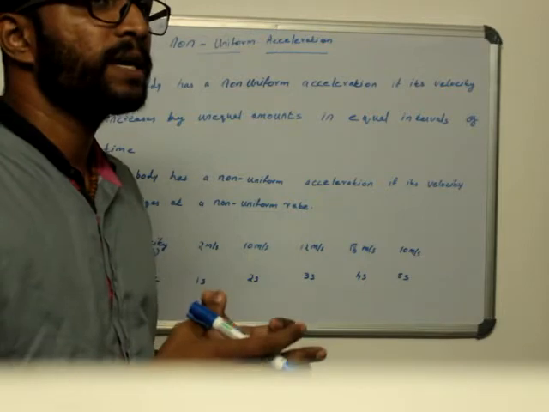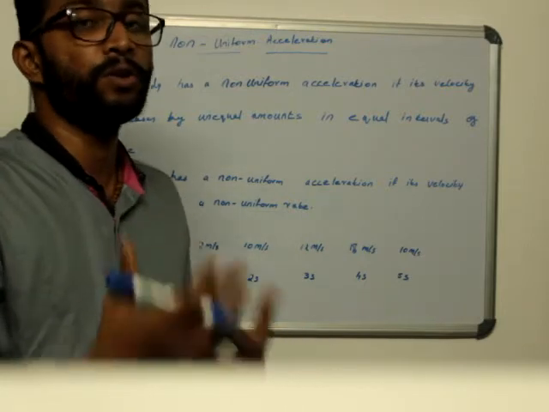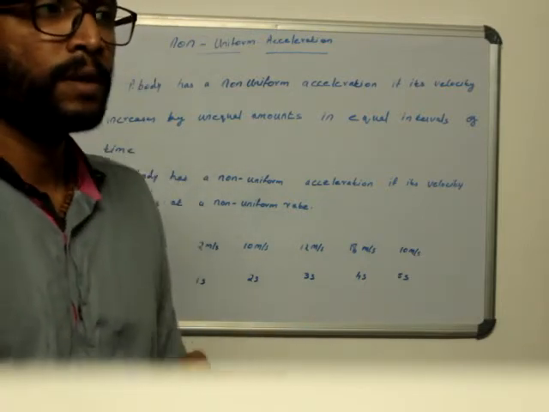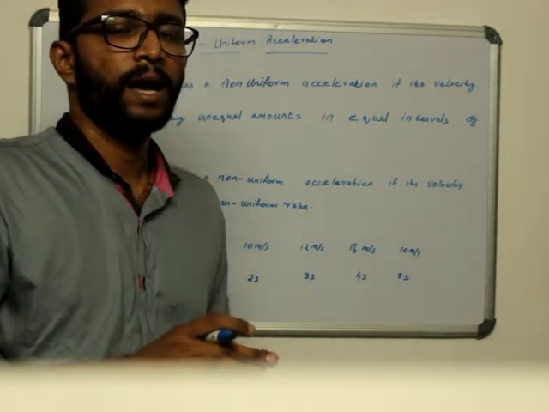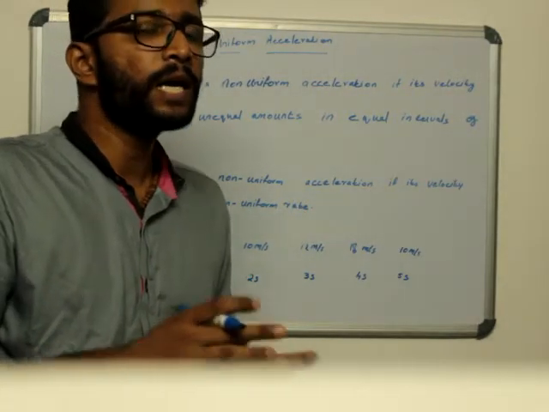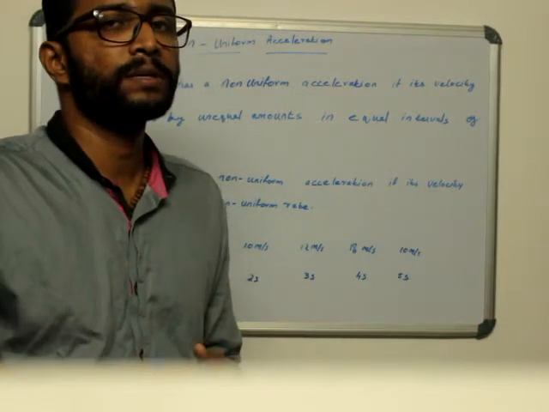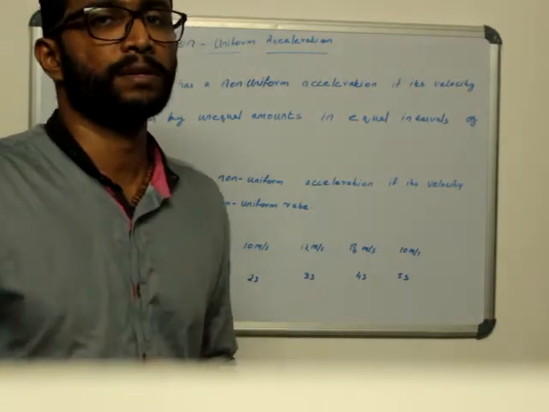So to say a body is in non-uniform motion, the change in velocity at equal intervals of time should be different.